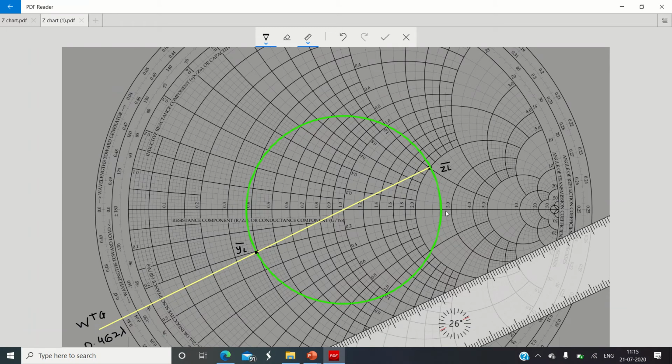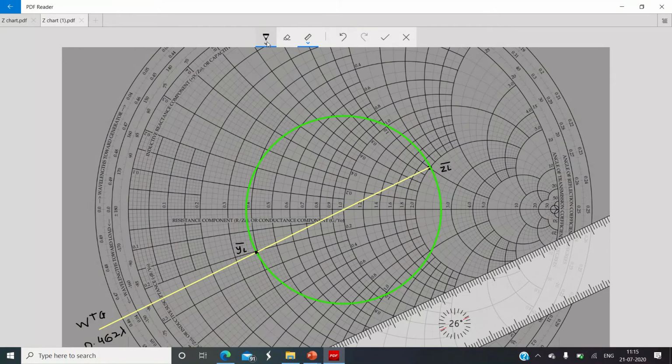Where is the unit conductance circle? It is this circle. Why did it become the unit conductance circle? Because we have converted the impedance chart into an admittance chart. Originally it was the unit resistance circle, and that now became the unit conductance circle, please remember.